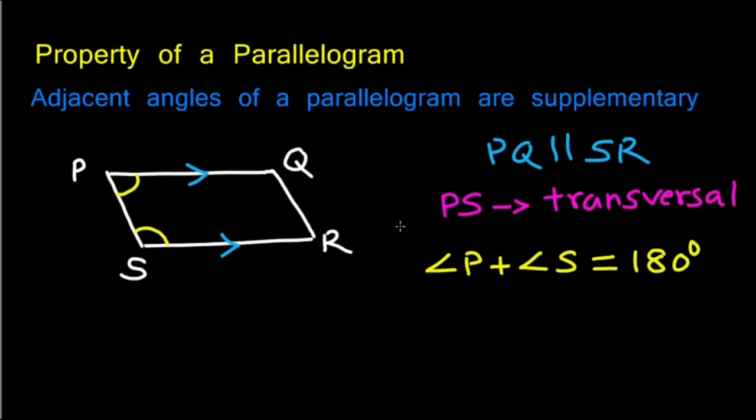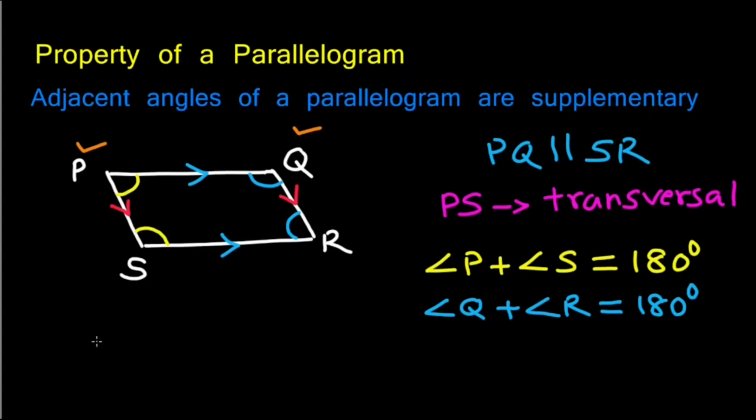Similarly, we can also prove that angle Q and angle R being interior angles are also supplementary. So we can write angle Q plus angle R equals 180 degrees. Considering side PS parallel to side QR, on the same lines we can prove that angle P and angle Q are supplementary.